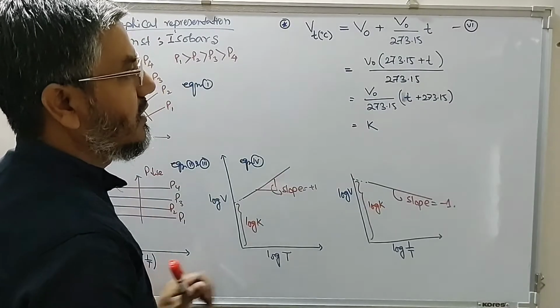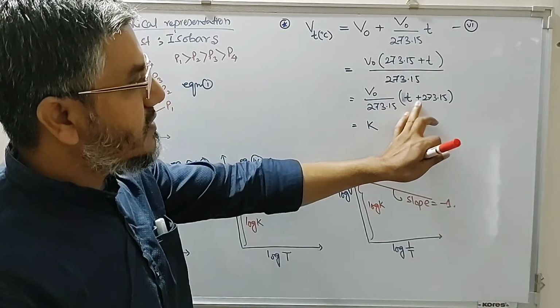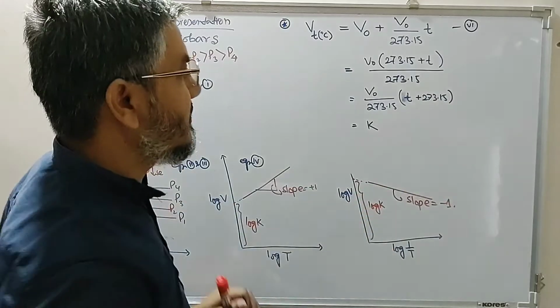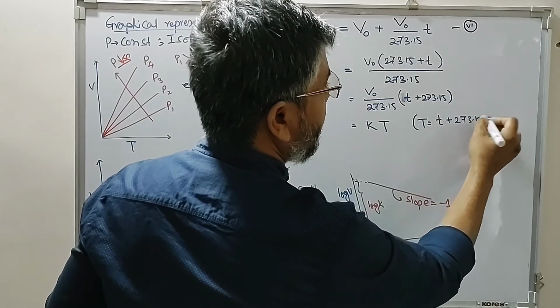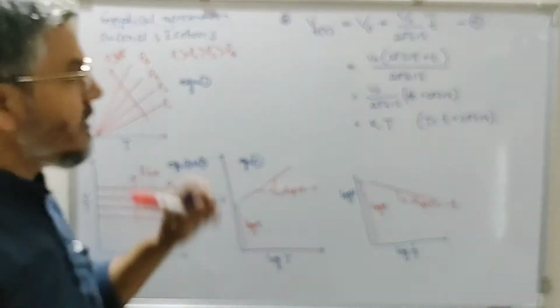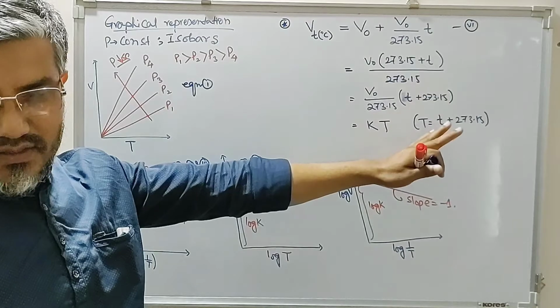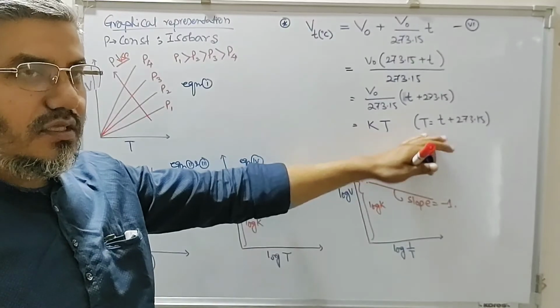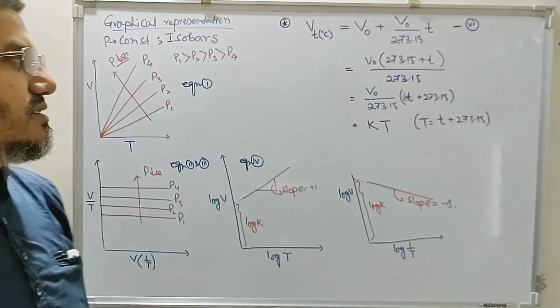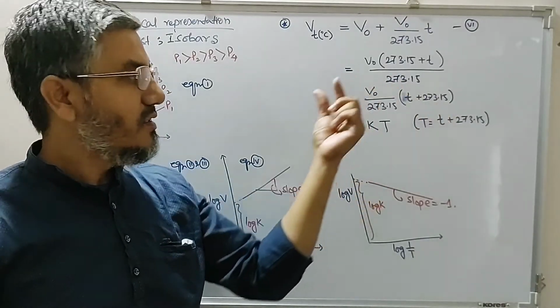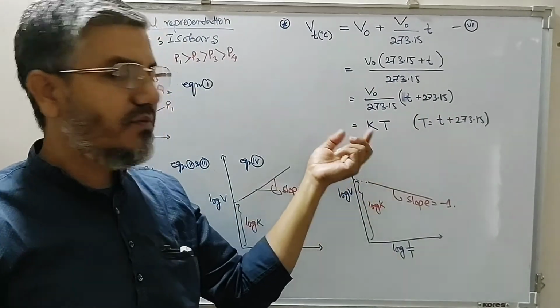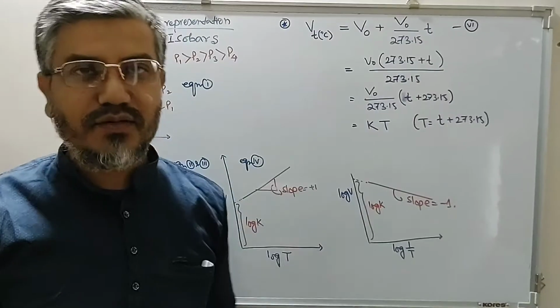The temperature in degree centigrade plus 273.15 is defined as the Kelvin temperature. So the Kelvin temperature is T plus 273.15. Though the equation was developed by Charles, Kelvin, another scientist, said this could be another unit of temperature, so in honor of Kelvin this temperature was known as Kelvin temperature.